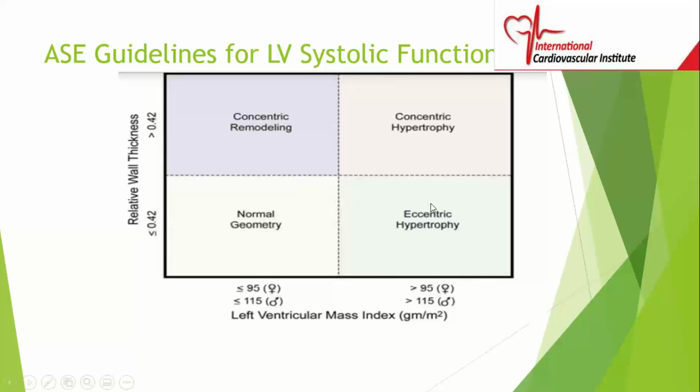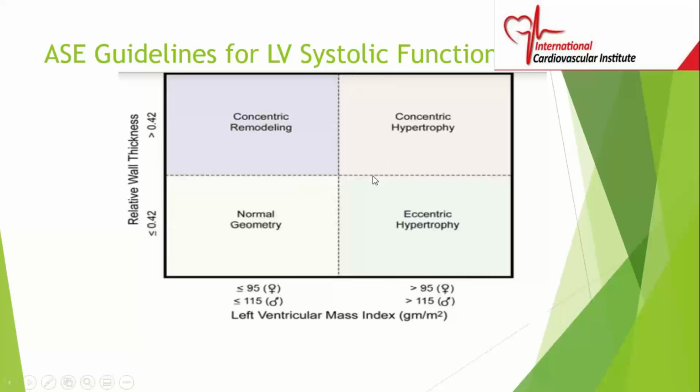And then when we come over to the right, where the mass index for females is greater than 95 and males greater than 115, we have two categories here. We have the patient with concentric hypertrophy and the patient with eccentric hypertrophy.